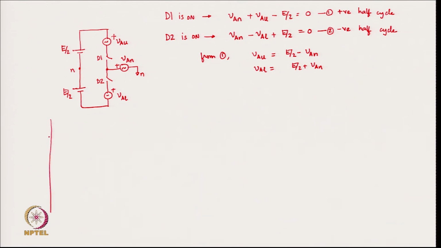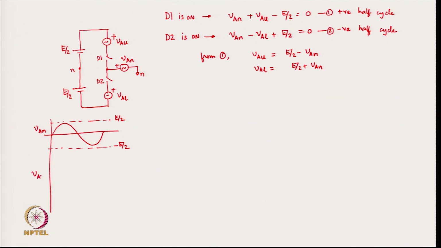Okay. So, let us first draw VAN, and this is the VAN waveform, and let us assume that this is spanning between E by 2 and minus E by 2. So, how should we draw the VAU voltage?